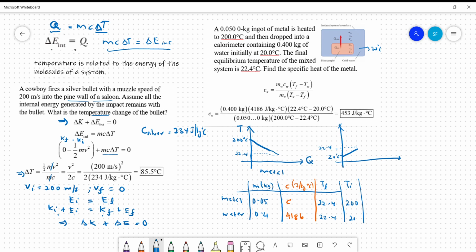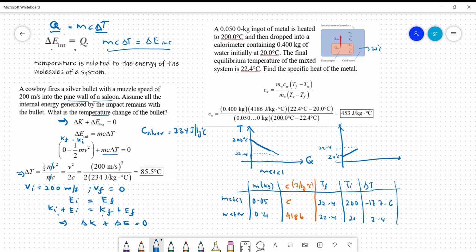From here, you can find delta T for each. For the metal, delta T is 22.4 minus 200, which gives negative 177.6. For the water, we get 2.4 degrees Celsius.